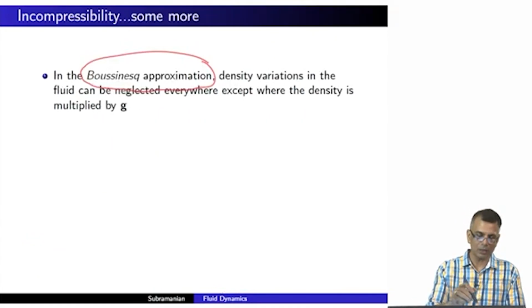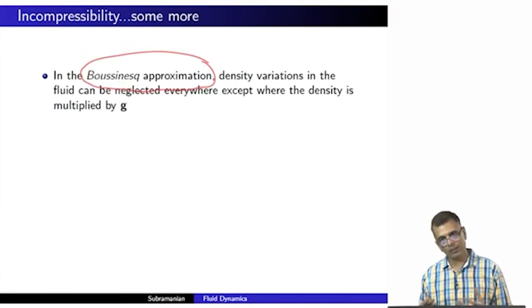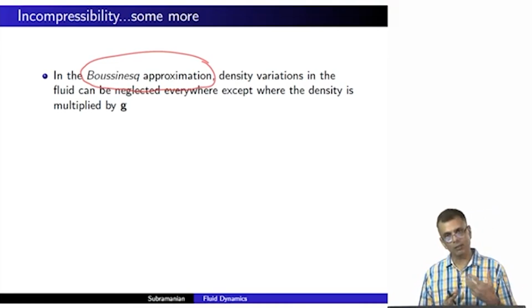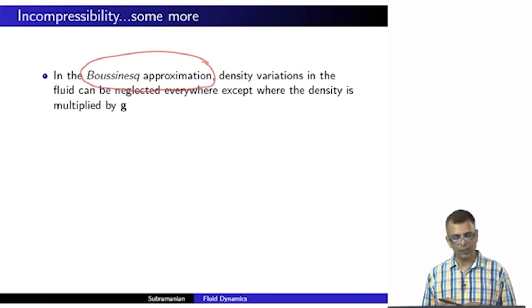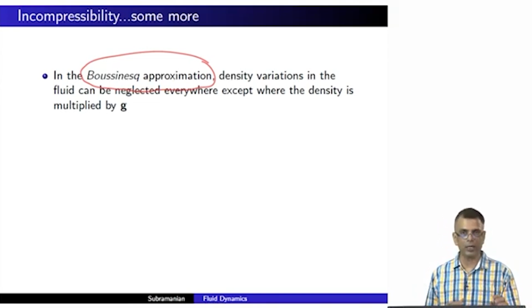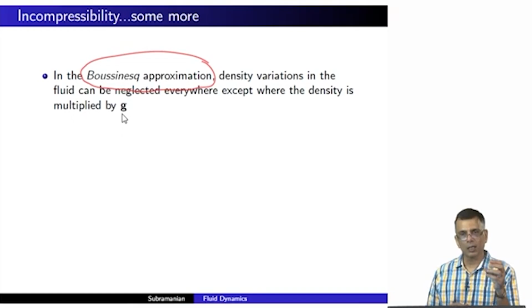But, in other words, when you can neglect density variations, you say that the flow is incompressible. There's a related approximation called the Boussinesq approximation, where density variations in the fluid can be neglected everywhere, by everywhere I mean in all terms of the equation, except where the density is multiplied by the acceleration due to gravity.